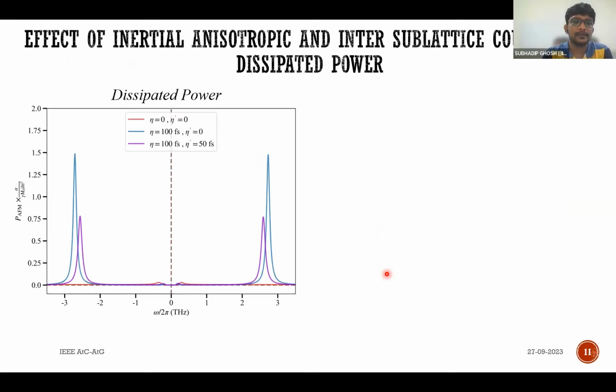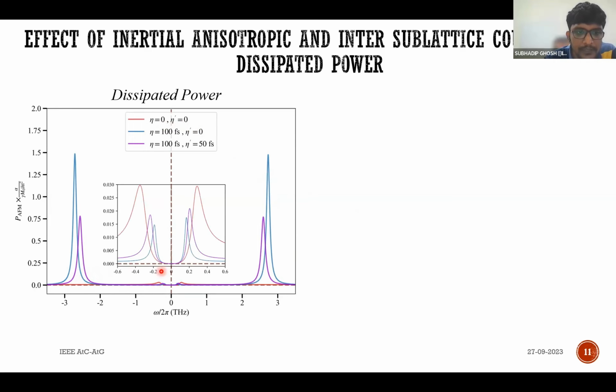So here I plot the dissipated energy with frequency, and as you can see, when there is no nutation motion, that is eta zero and eta prime is zero, there are no nutational frequencies at all. You have a flat line here marked by orange, and there is a small precession peak that appears here, which can be seen clearly in the zoomed picture. This one is the precessional resonance frequency.